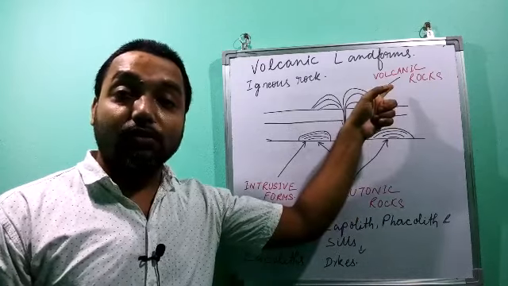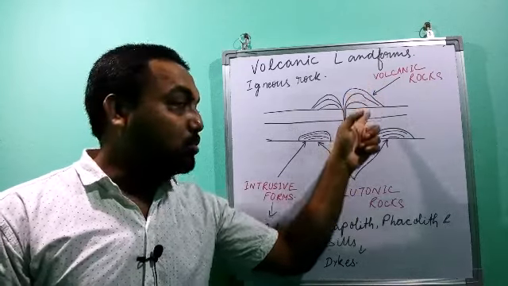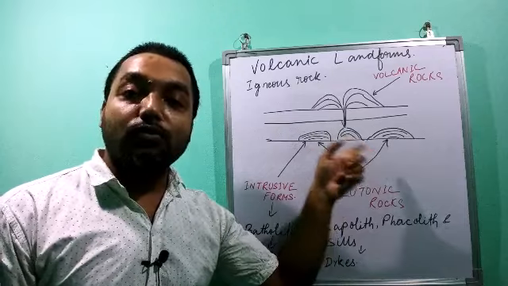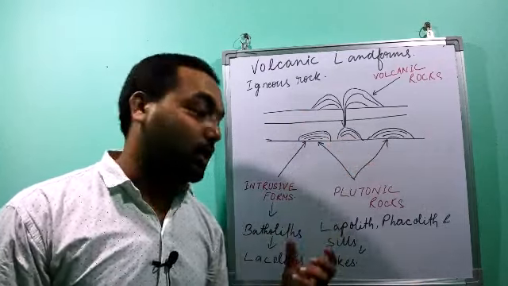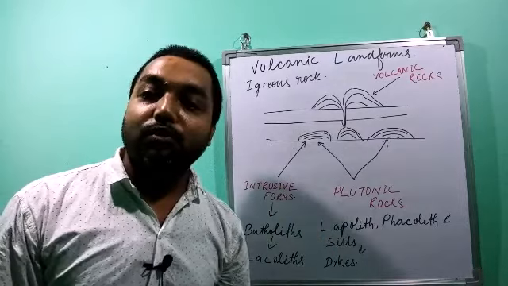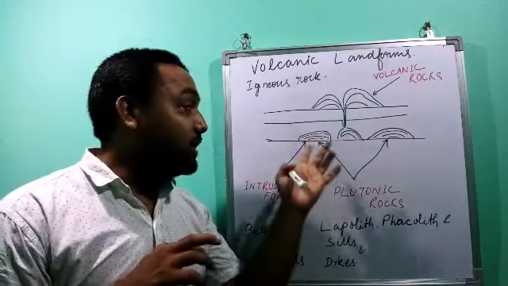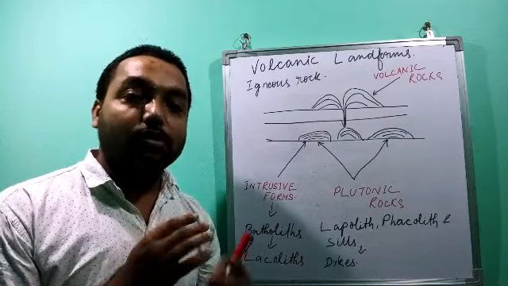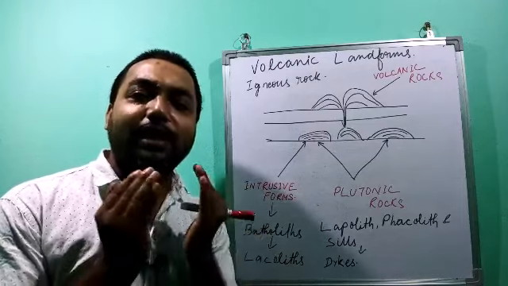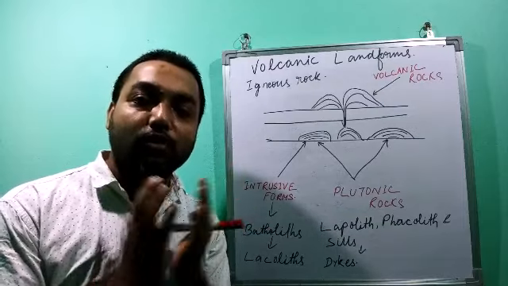Volcanic rocks cool down on the surface of the earth. Plutonic rocks are those which cool down inside the earth's layers only. Because plutonic rocks cool down inside the earth, they take different forms, because inside the earth they get very little space to cool down and become solid.